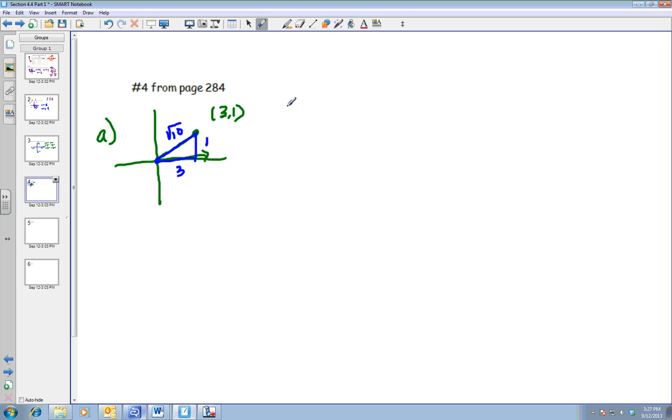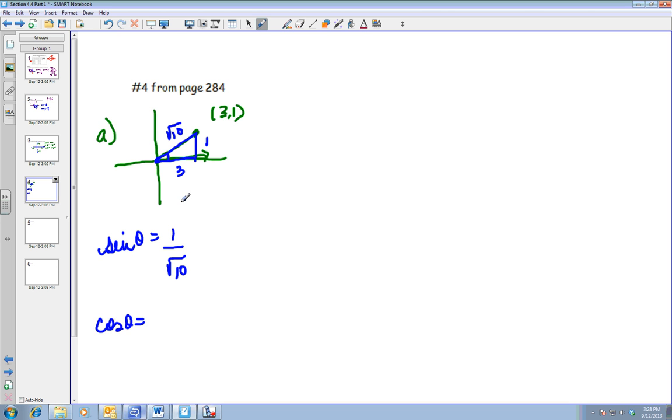And now they want us to find the 6 trig functions of this angle. So sine of theta equals, sine is y over r, 1 over square root of 10. And we're going to leave it just like that. Or you can think of it as opposite over hypotenuse.